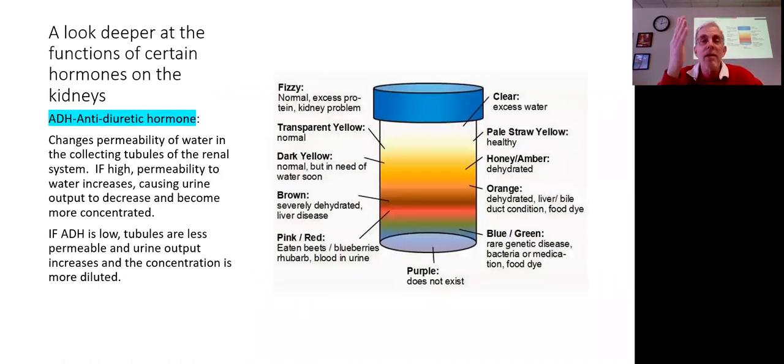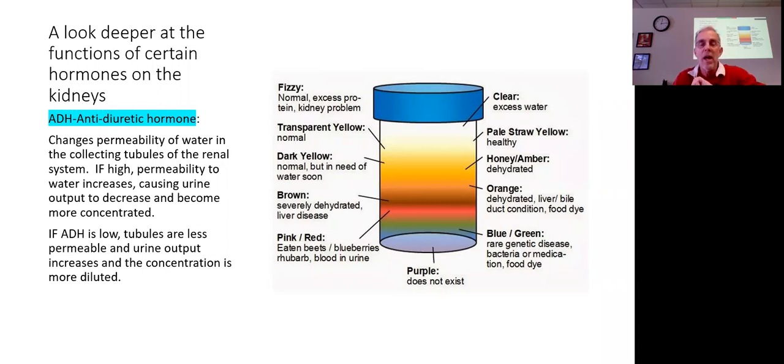So a couple of quick things about some of the hormones synthesized and used that have an effect on your kidneys. One of those is antidiuretic hormone. If antidiuretic hormone in the bloodstream is too low, tubules will become a little less permeable, and urine output would increase that way.